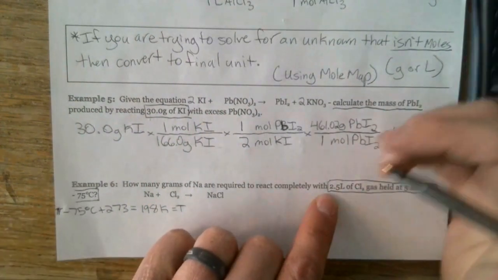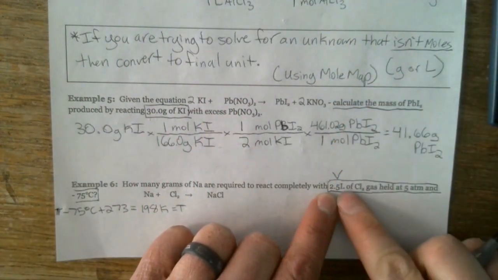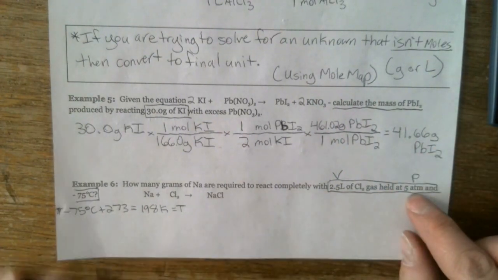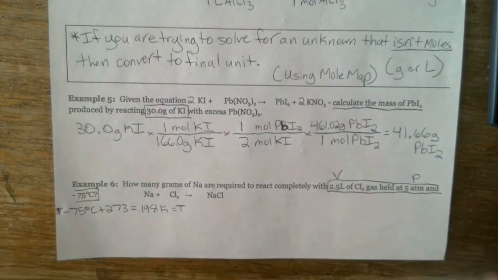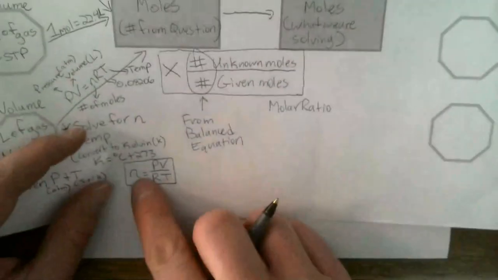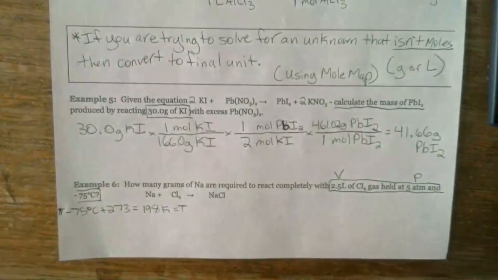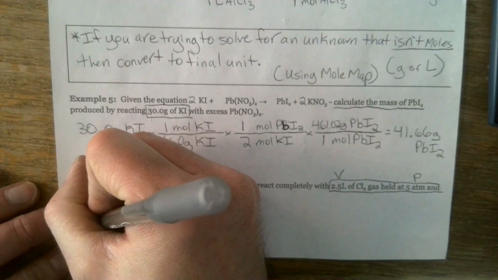We have our volume right here, 2.5 liters. We have our pressure here. So now we need to solve for N. Remember, we're using this equation right here: N equals PV over RT. So we solve for that first.